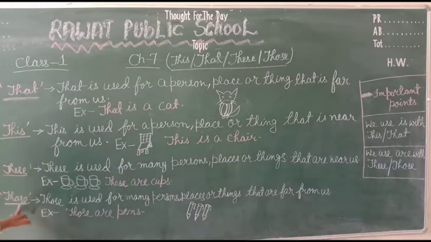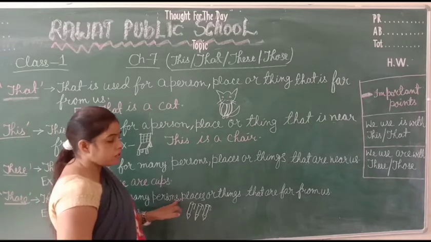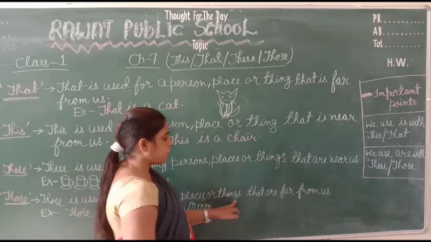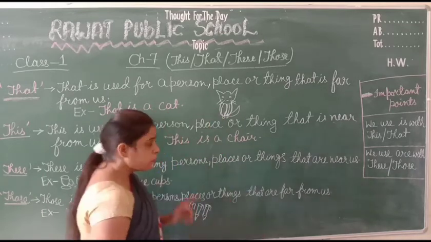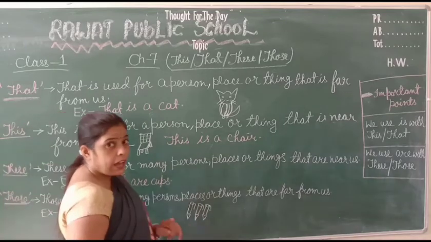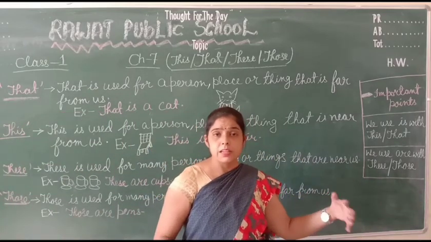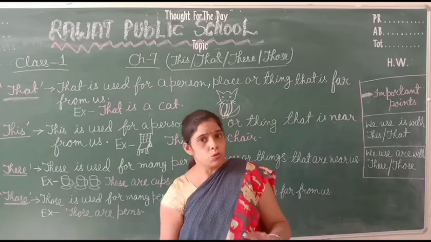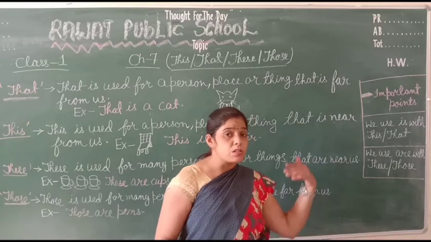Now let me see the use of those. Those is used for many persons, places or things that are far from us. That is also used for far person, place, animal or things, and those is also used for far persons, places, animals or things.